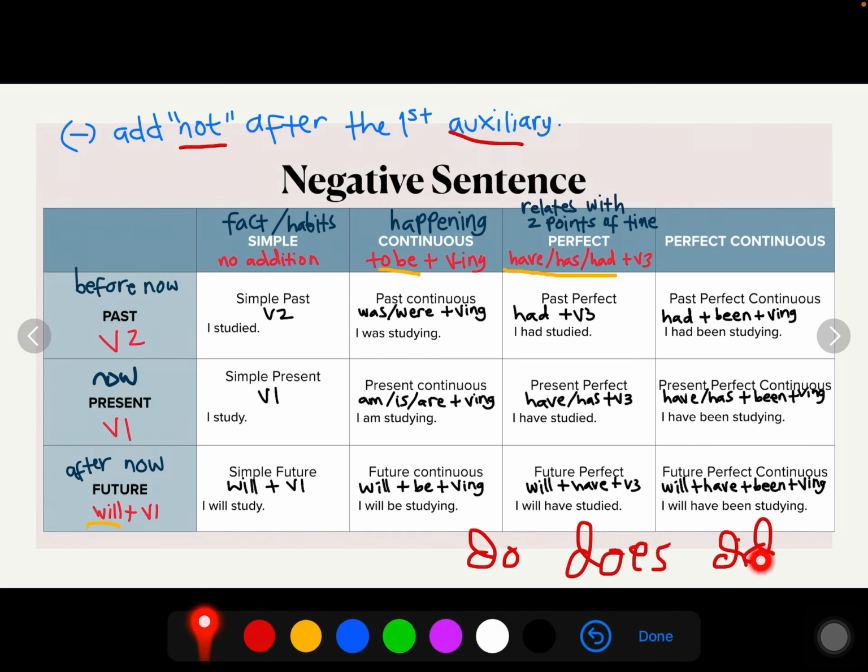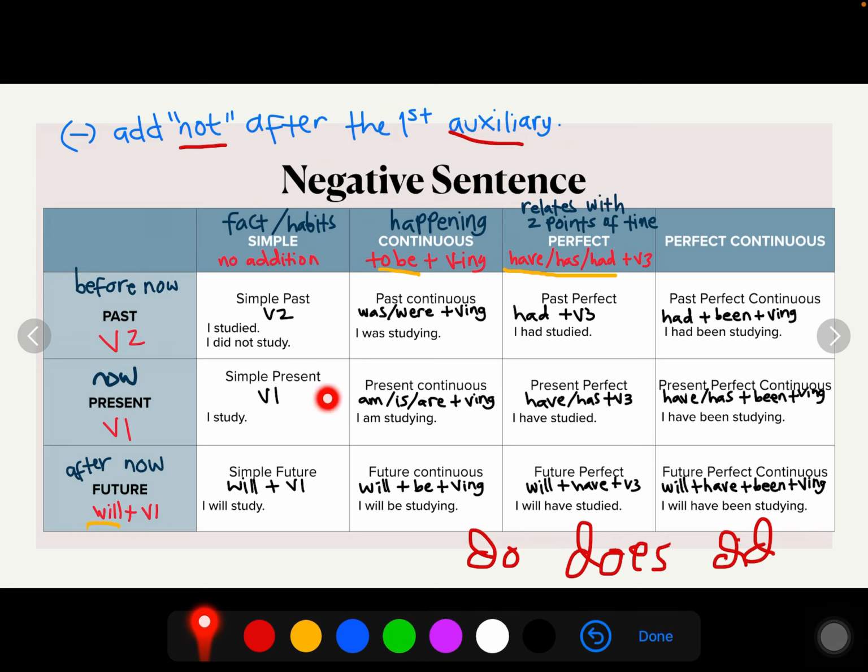So we need to use did to make it into a negative sentence. So I did, and then add not. So it becomes I did not study. And then study does not change, it becomes verb 1 or the base form, because the verb 2 has been replaced by did. Jadi verb 2-nya sudah diwakili oleh did sehingga study-nya kembali ke bentuk kata dasar.